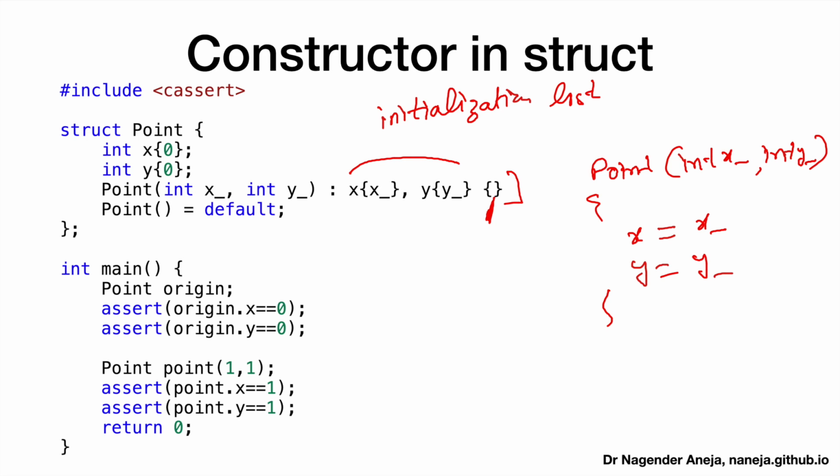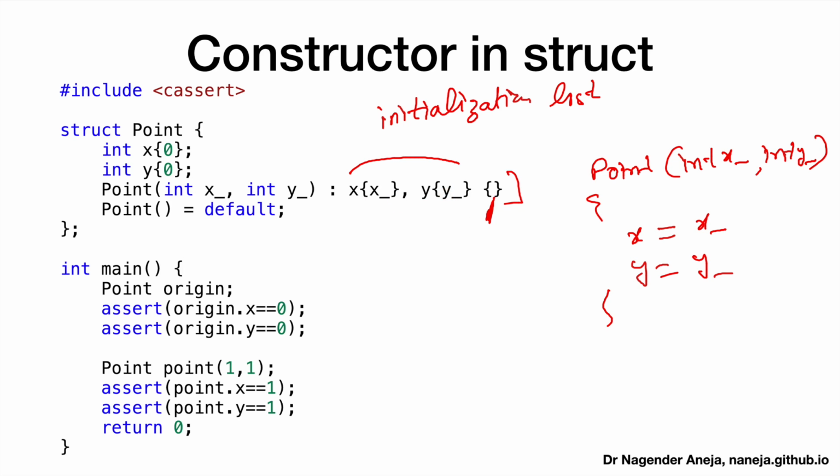This method is called the assignment method, where we receive the values and assign them to our member variables. So that's one method. And the second method is initialization. We have nothing in the block, but we use this method to initialize the values. We'll talk about this later again.